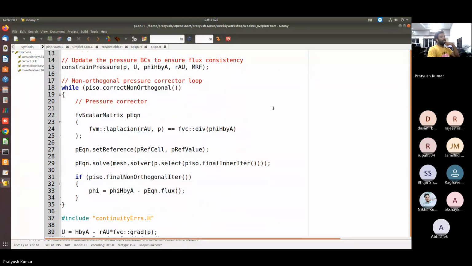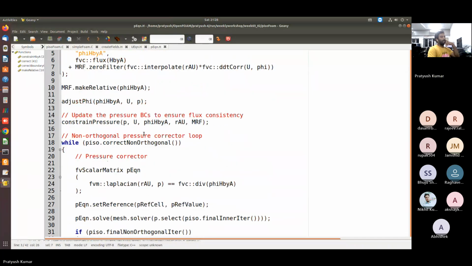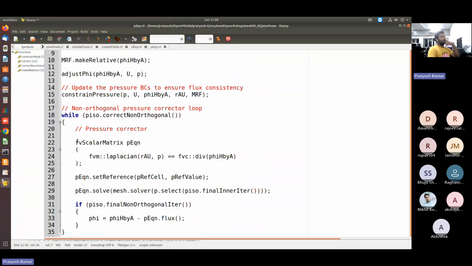Okay, here we are going to solve the pressure corrector term. Using phiHbyA and rAU, we are going to solve the P equation. That is the pressure corrector term, and this pressure PISO is something related to the non-orthogonality.